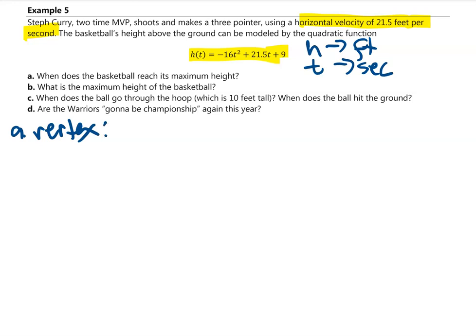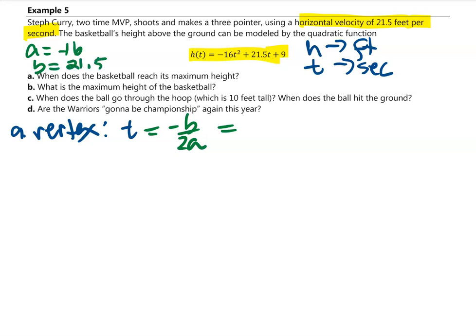And to get the x part of the vertex, which is t, it is equal to negative b over 2a. Remember, what is negative b here? a is negative 16, b is 21.5.